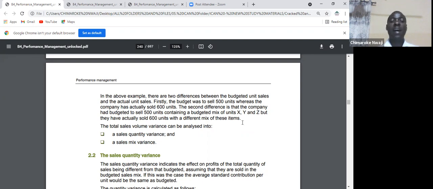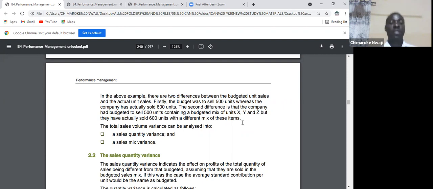But they now have 600 units with a different mix of these items. So we have quantity mix and sales mix. So the quantity mix is that of 500 versus 600. The sales mix is that of the XYZ mixture in the standard or budgeted and the actual.